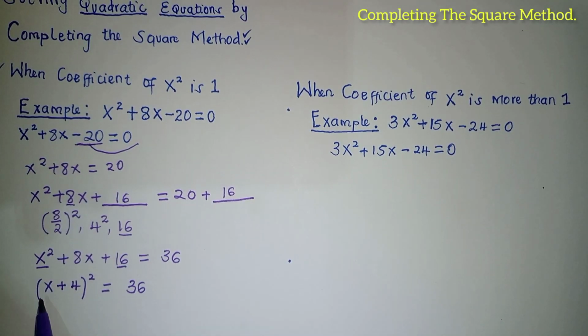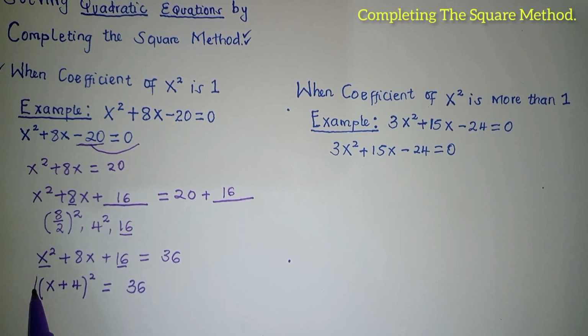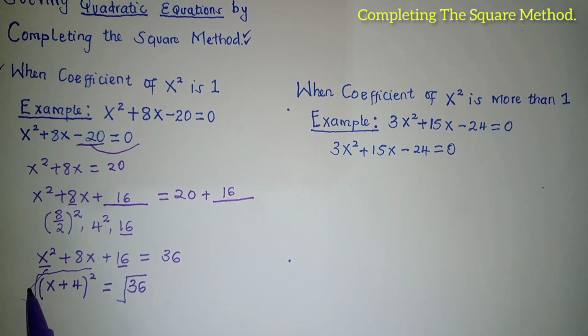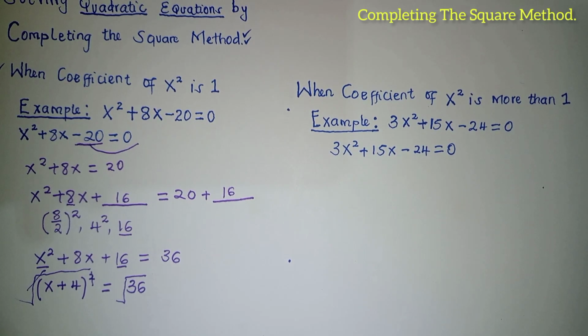Since we are finding the value of x, we should find a way to eliminate this square from this side. What you do to eliminate this square is to find the square root on both sides. So the square root and the square cancel, and you remain with x plus 4 is equal to the square root of 36.